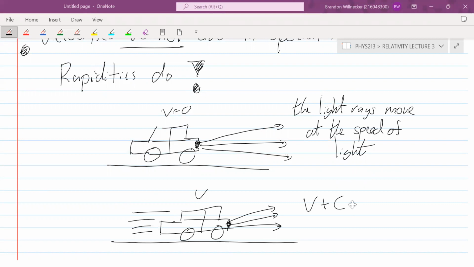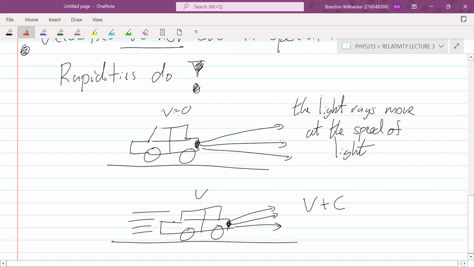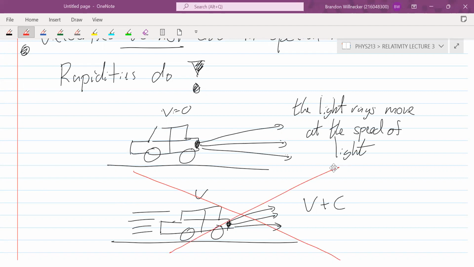But that can't be true, because the speed of light is the speed of light in every frame. Okay, so there's no special frame in which the speed of light is faster than c or the speed of light is slower than c. So this picture of simply adding the velocities is just wrong. Okay, so velocities do not add.